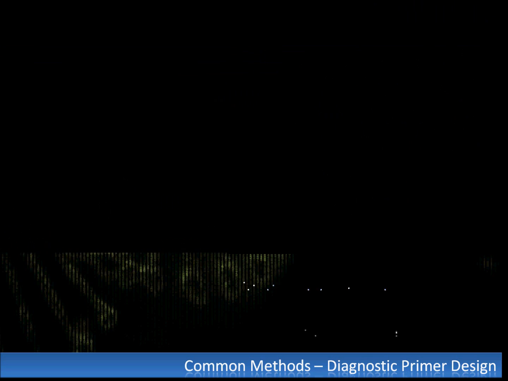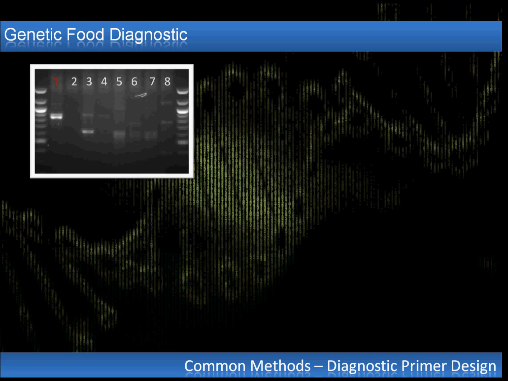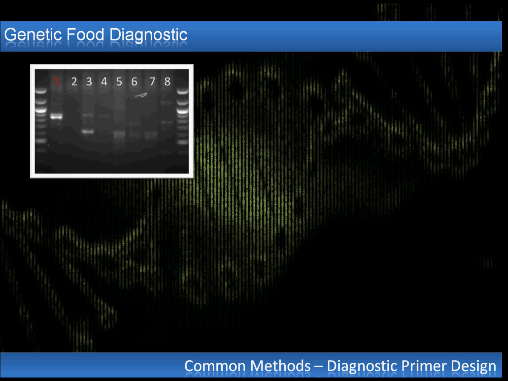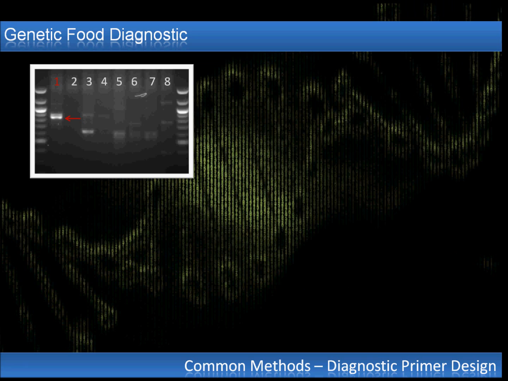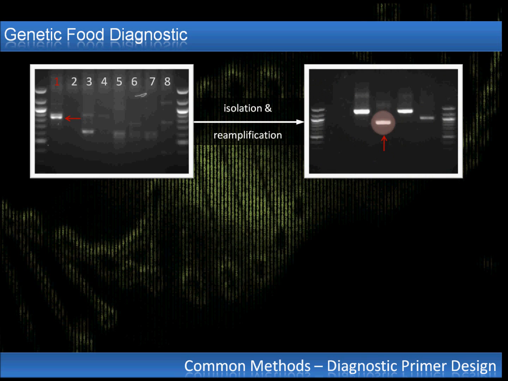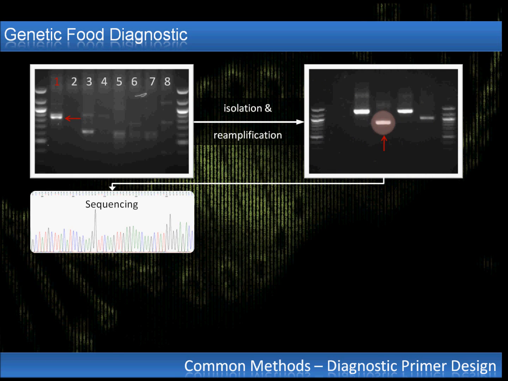I chose the RAPD, random amplified polymorphic DNA method, to make these fingerprints or fragment patterns of 8 different plants, and one of these fragments was chosen because it's unique between the plants. The fragment was isolated, re-amplified, and sent to sequencing.